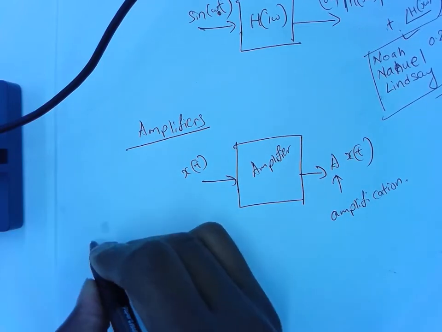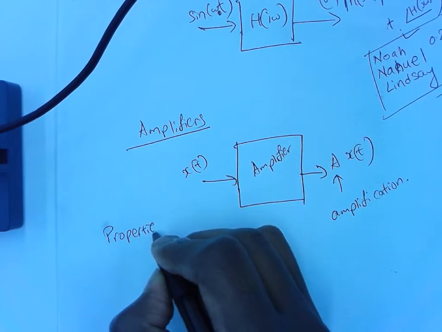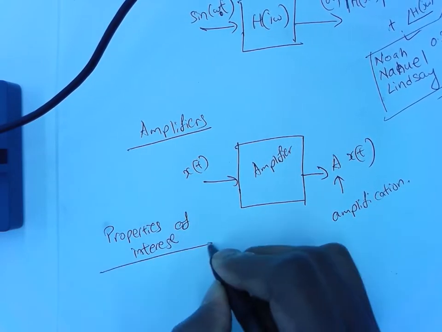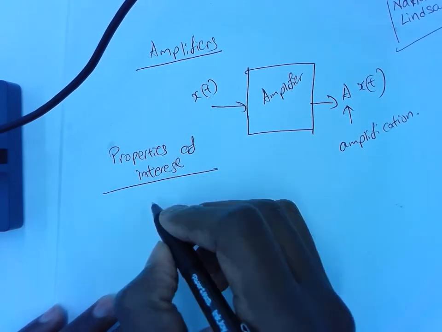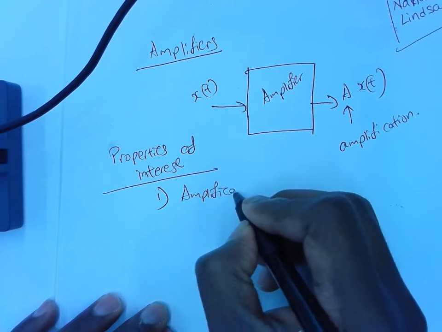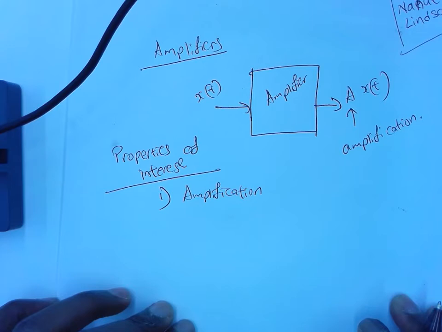So, properties of interest. The first one is obviously amplification. How much amplification are we getting from the amplifier?